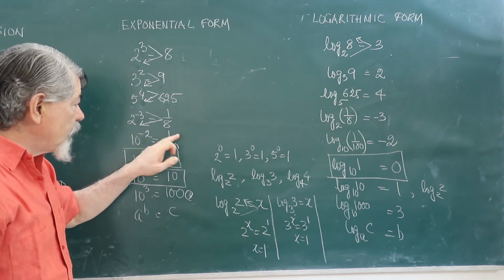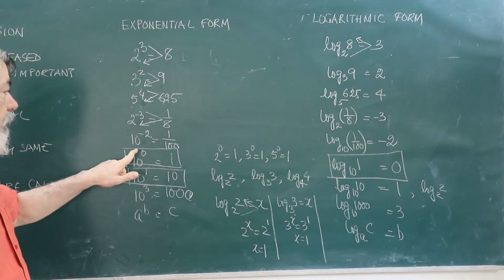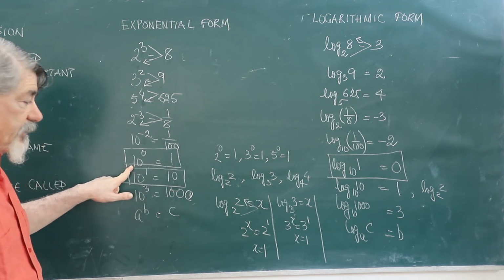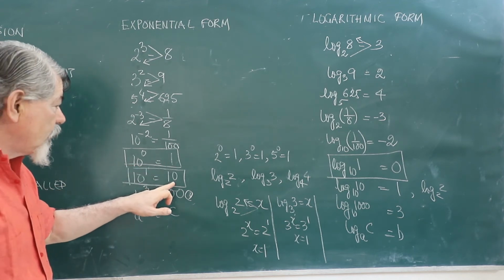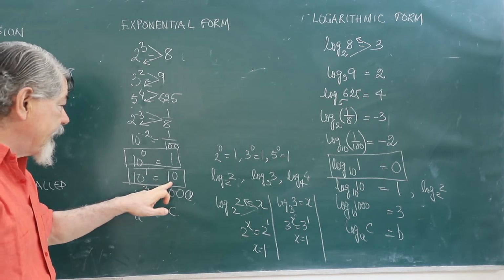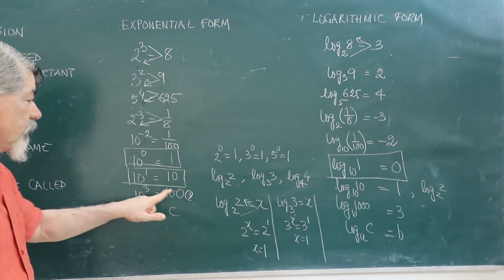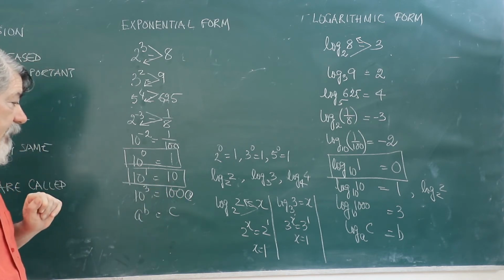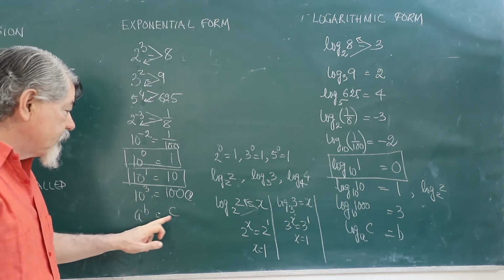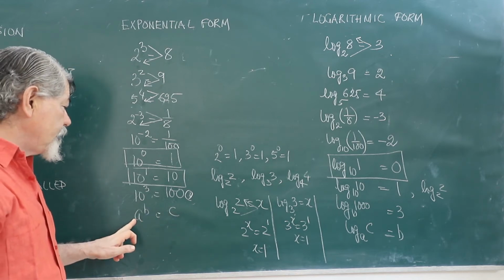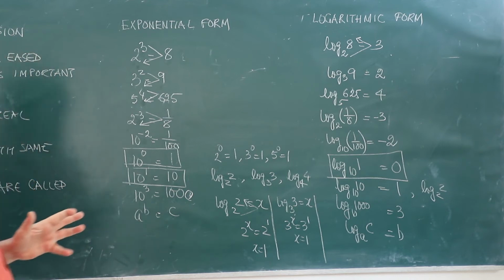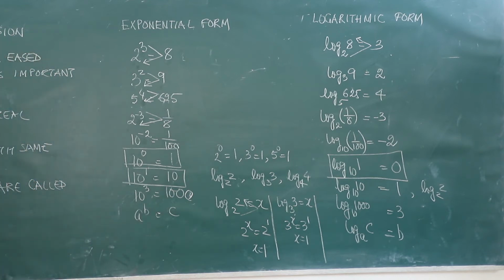Minus 2 is the log of 1 upon 100 to the base 10. 0 is the log of 1 to base 10. 1 is the log of 10 to the base 10. 3 is the log of 1000 to the base 10. b is the log of c to the base a.